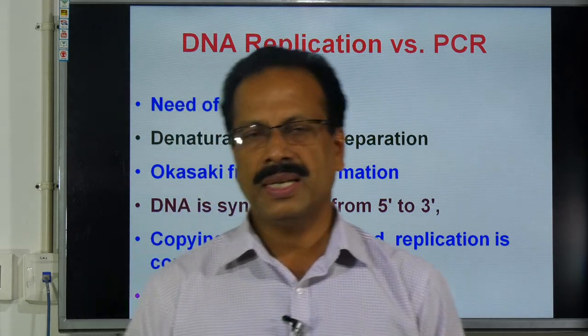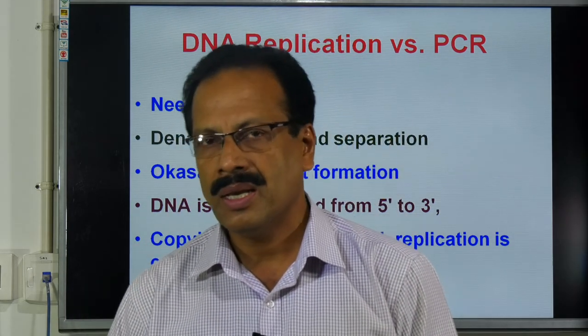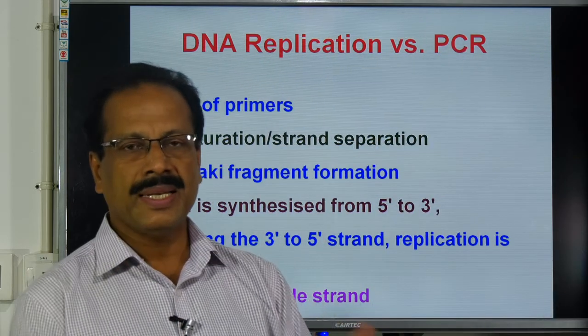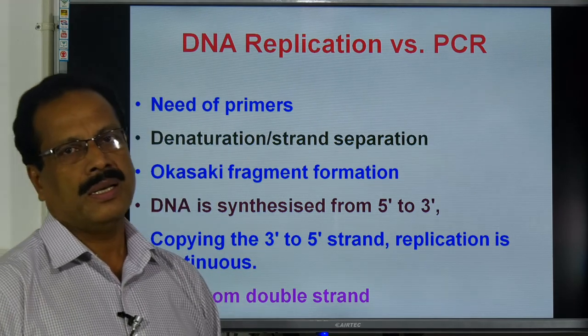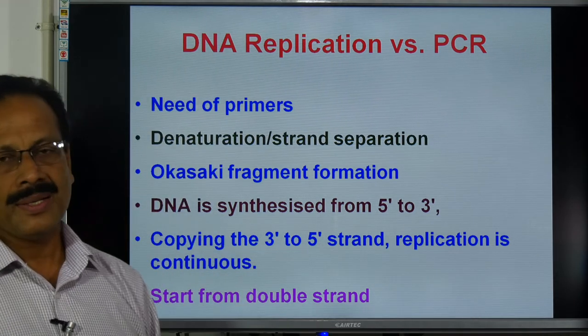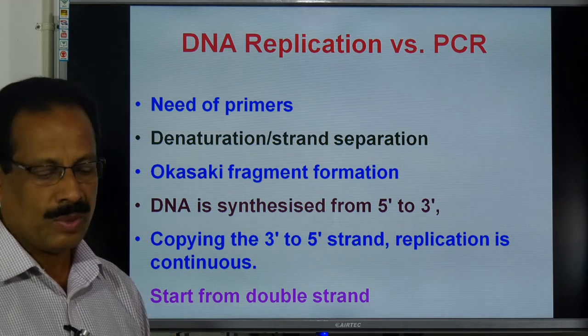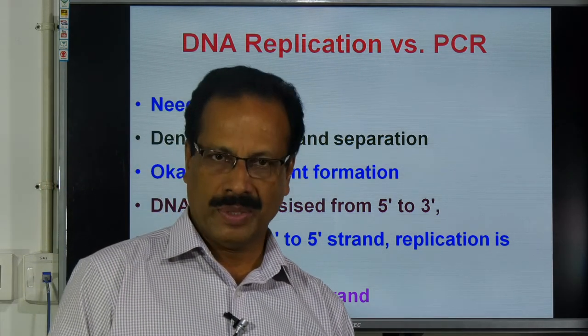For the synthesis of DNA in the cells, it requires a DNA polymerase enzyme, helicase, primase, and ligase. Different enzymes are used within a cell. But in a PCR tube, we use only one enzyme, which is polymerase. Normally we use Taq DNA polymerase.